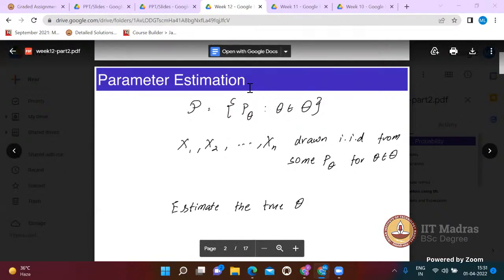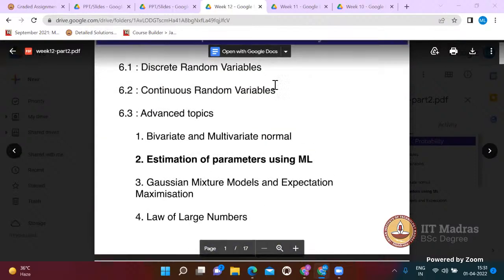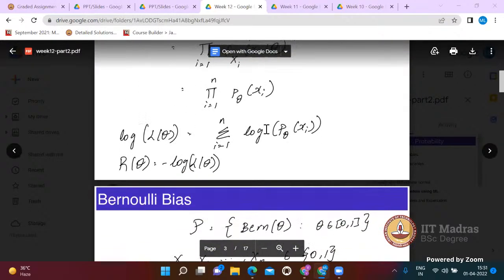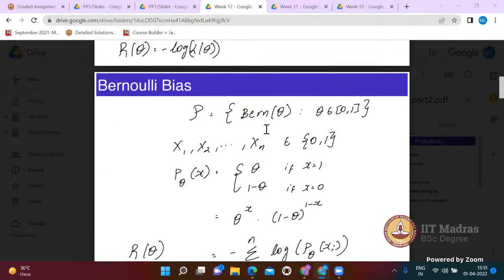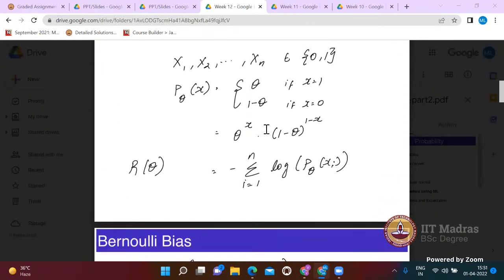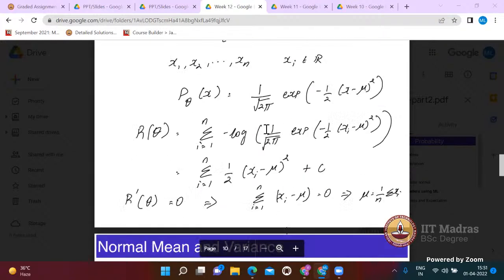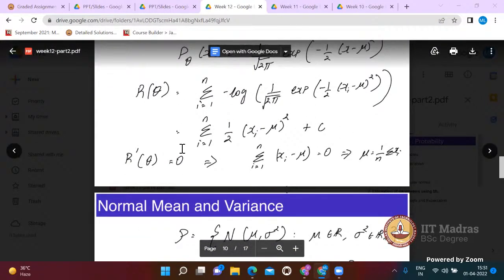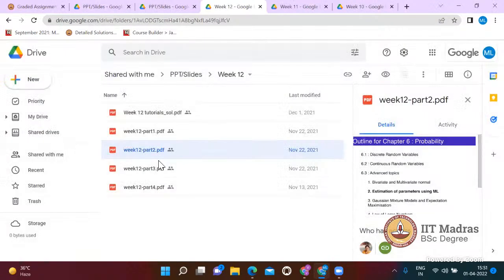I'll tell you, Kaushik, the important one. The first important thing is the maximum likelihood estimation, so you can expect some questions from the maximum likelihood estimated value. You should be able to write the likelihood, take the log and differentiate to get the estimated value of that parameter. That is one important thing.